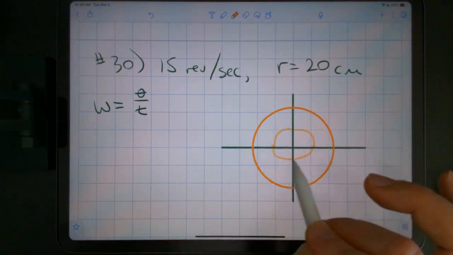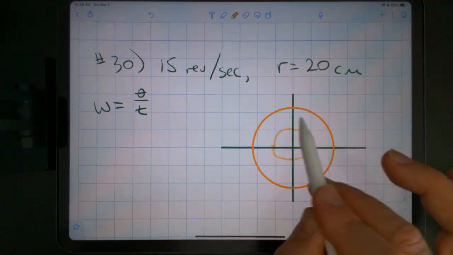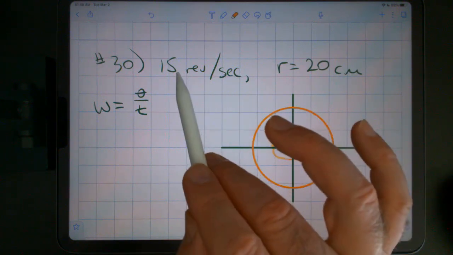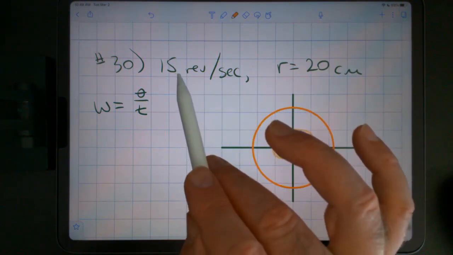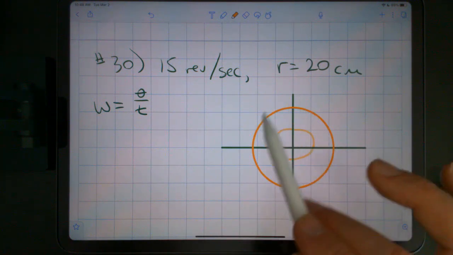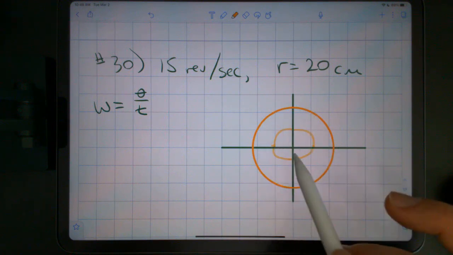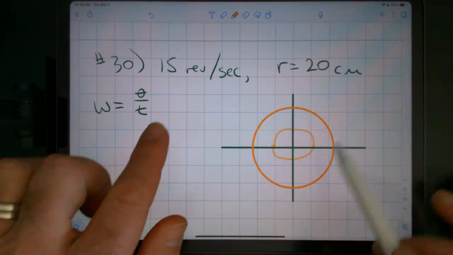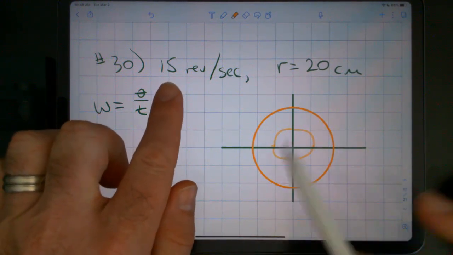So one rotation, you've gone 2 pi times radius. To go 15 revolutions, that's 15 times 2 pi, or 30 pi. So to go around 15 revolutions is 30 pi.